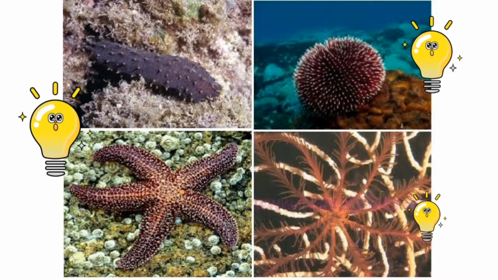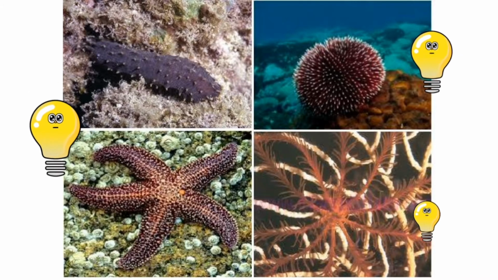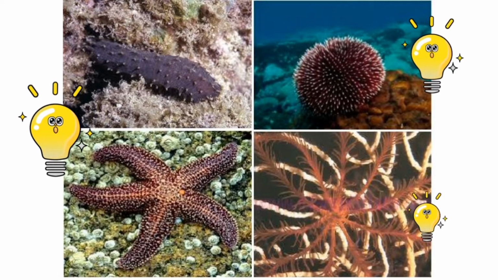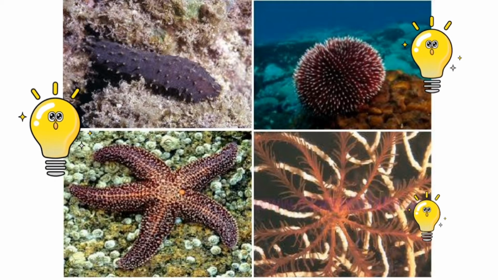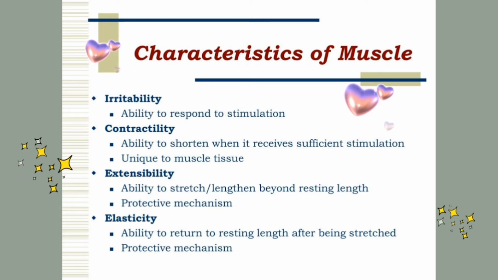As you see, there's also a type of non-motile animal, or we call it a sea squirt, which lives underwater, where they don't need any muscle because the current flow of water helps them in their movement and also provides them food. So next, all muscle tissues have 4 characteristics in common.